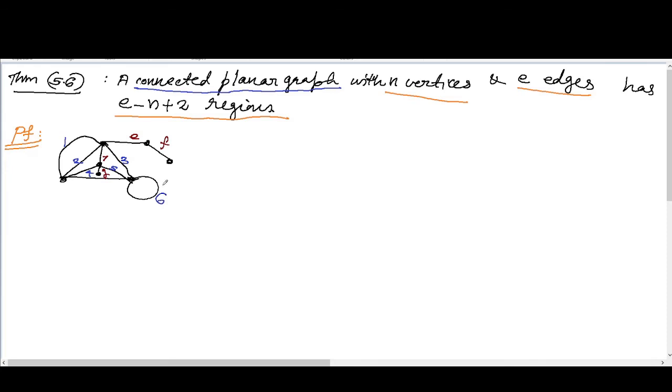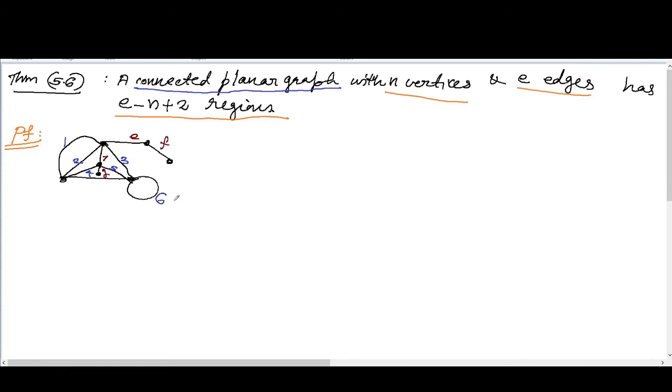So here in the figure you can see that E, F and G are edges that do not form the boundary of any region. So, addition or removal of any such edge increases or decreases the number of edges by 1 and increases or decreases the number of vertices by 1, keeping the quantity e minus n unaltered.